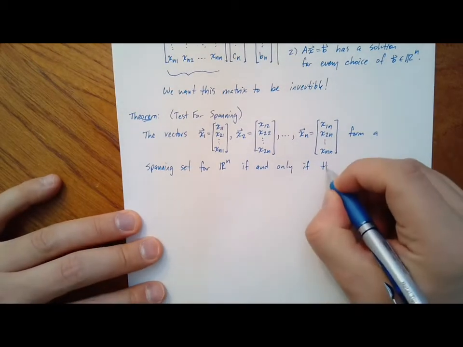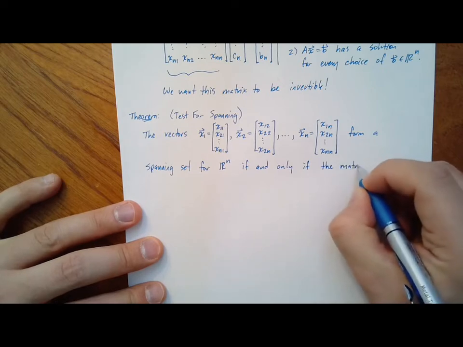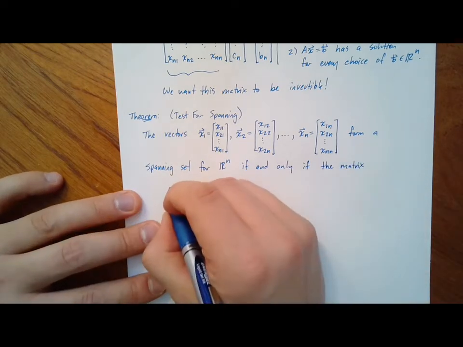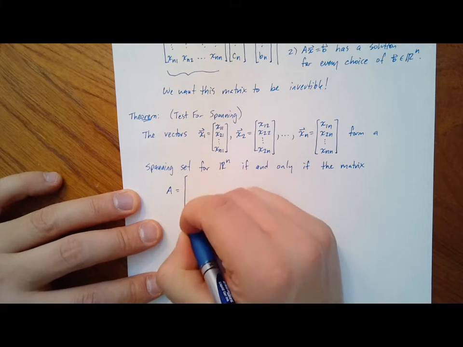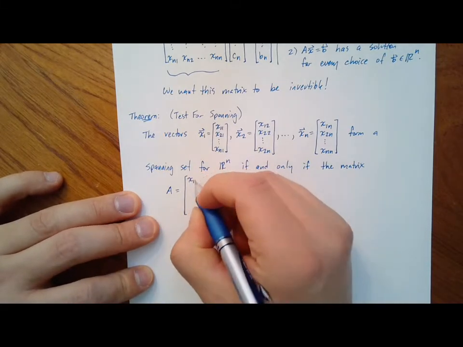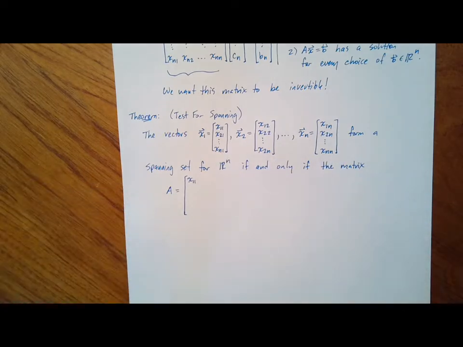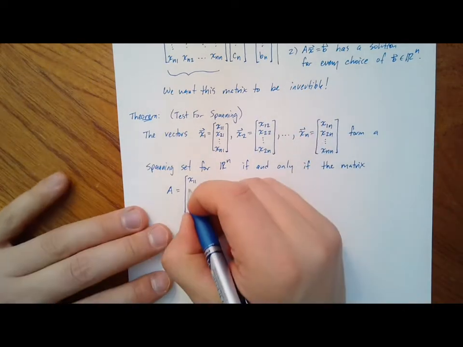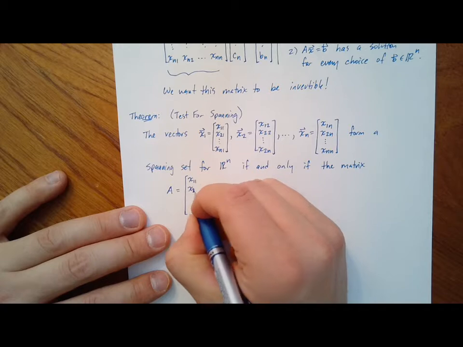If the matrix, which we can write down, you don't have to call it A if you don't want to, but it's just a habit. Just take these columns and paste them together into this matrix and check if that matrix is invertible.